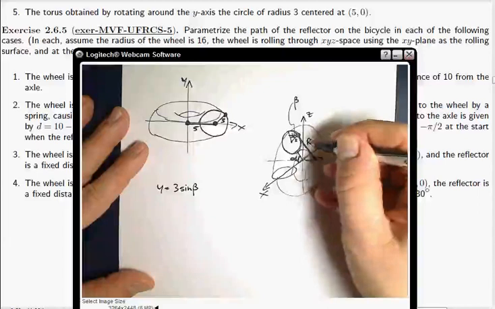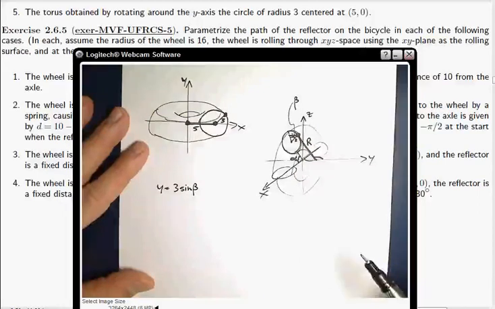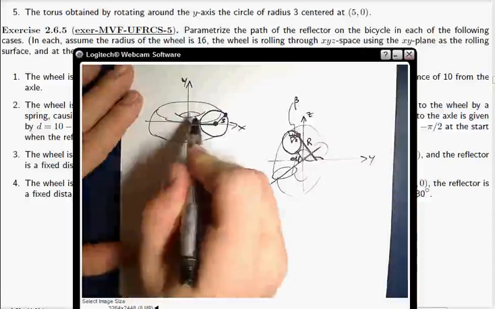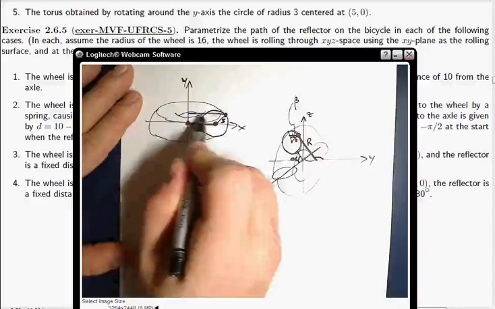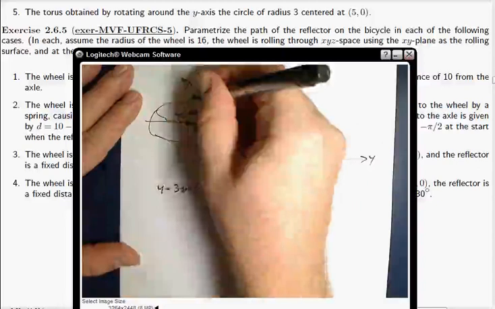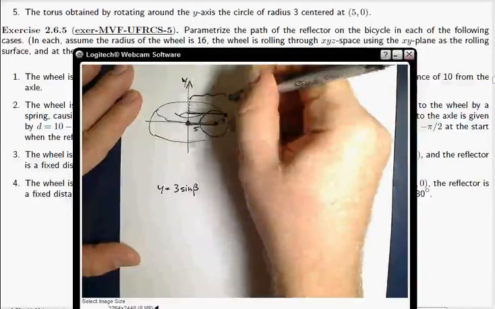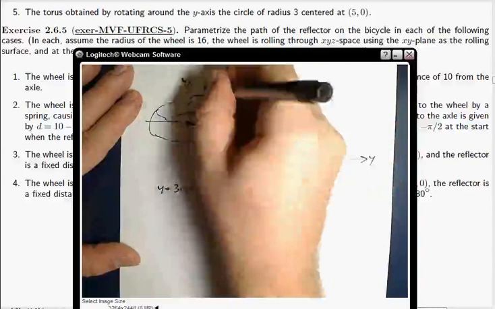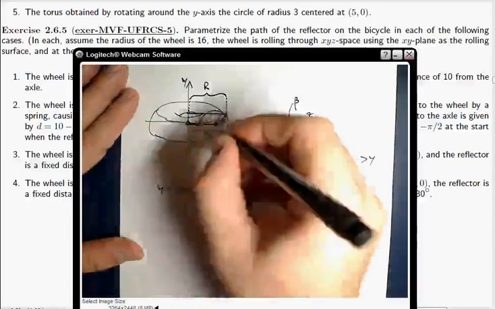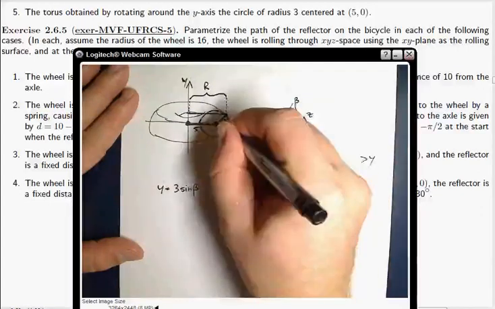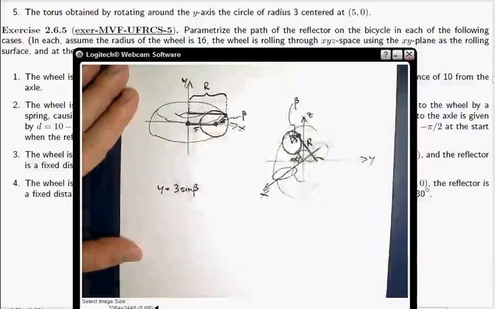I'm going to call that capital R. It's this distance here, where this angle is beta.